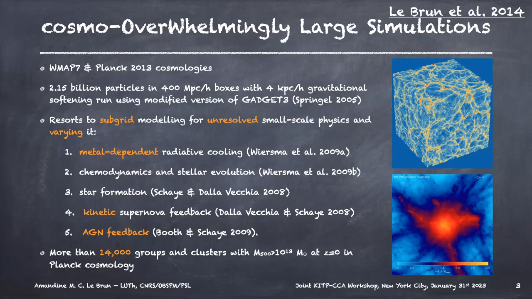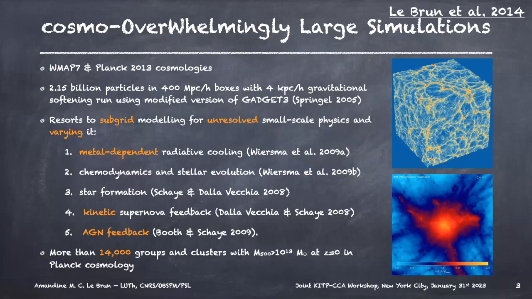The subgrid modeling that is varied is basically the metal-dependent radiative cooling, thermodynamics and stellar evolution, star formation, kinetic supernova feedback, and AGN feedback. You have all the references here, and the references to the papers at the top are clickable links in case you're interested to learn more.